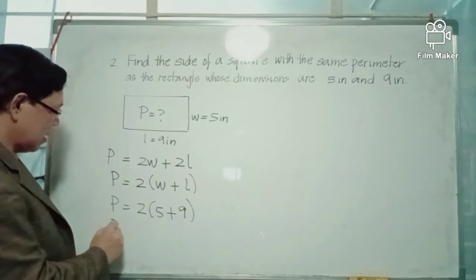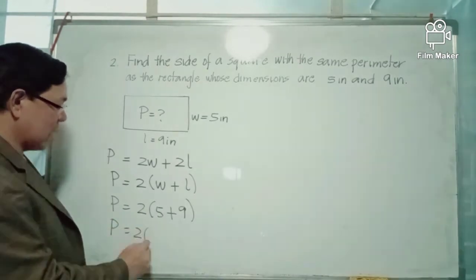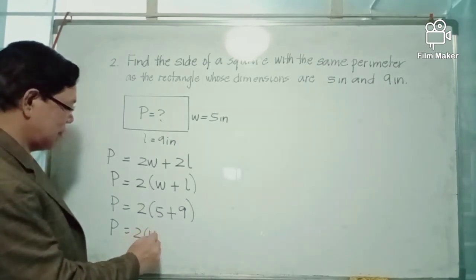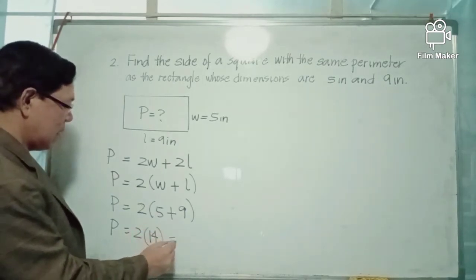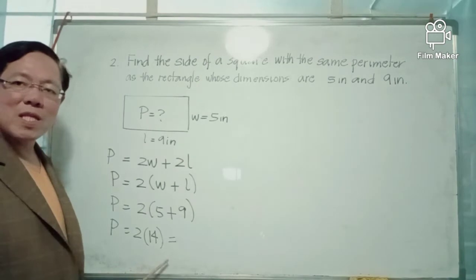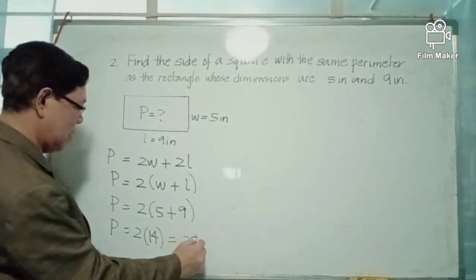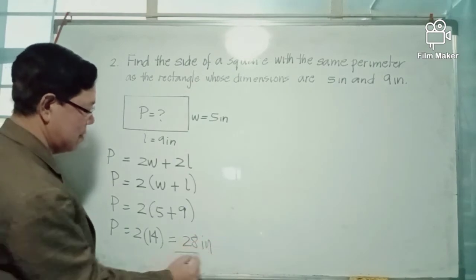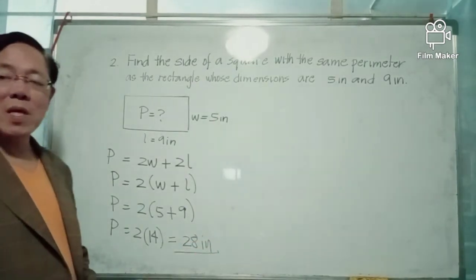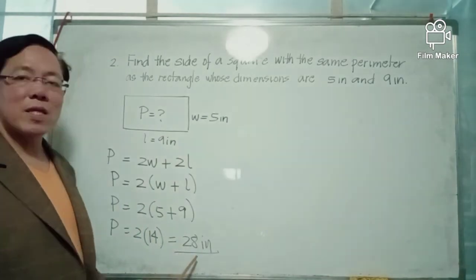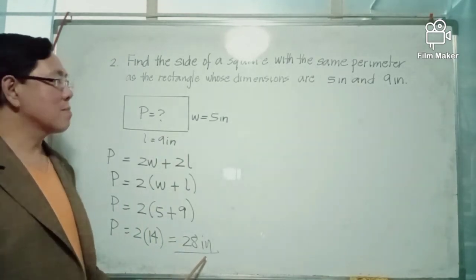And we get P equals 2 multiplied by 5 plus 9, which is 14. And 2 times 14 is 28. Thus, the perimeter of the given rectangle is 28 inches.